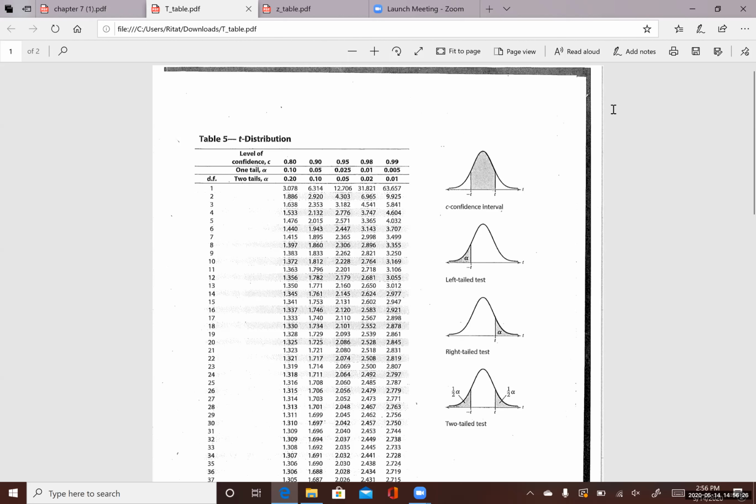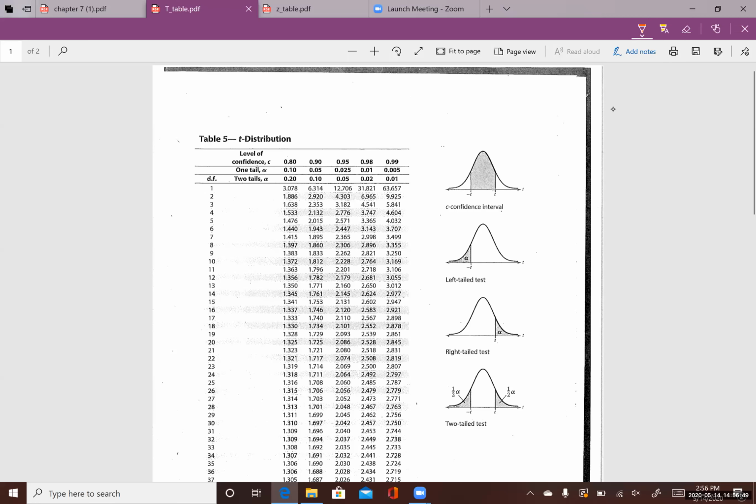Because if it's a left tail test, then you have to use the negative values that you find in this table. For example, if the degree of freedom is 10 and your alpha is 0.05 and you're using a left tail test, then the t critical value should be negative 1.812. Negative, right? If it's a left tail test.